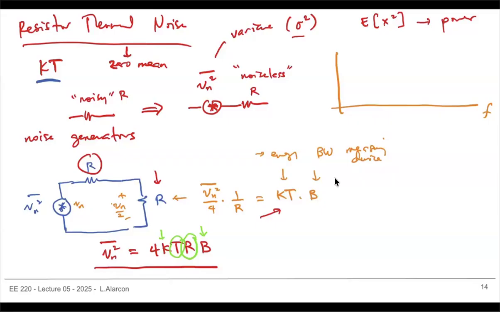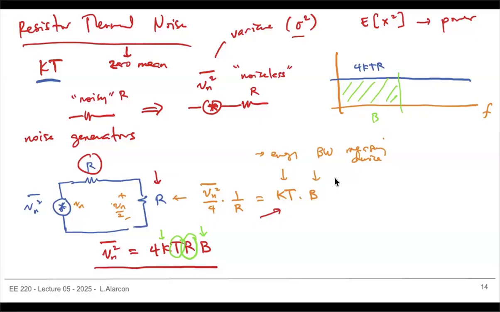So the power per bandwidth is going to be 4kTR. And if I have a certain bandwidth B, that is the noise power that I get, right?